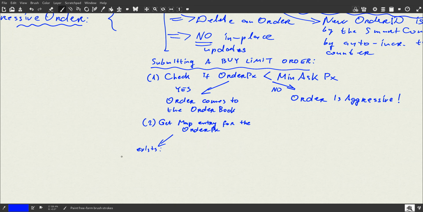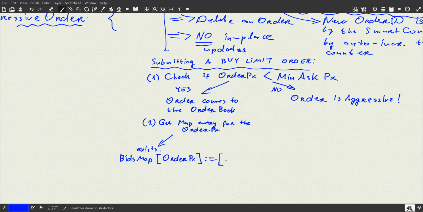the map. So now let's say bids map with the key being order price is modified.